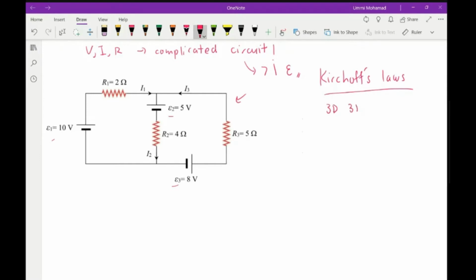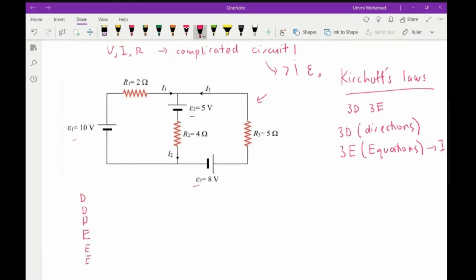Hopefully you still remember. 3D means you have to draw 3 directions, and 3E means you have to get at the end 3 equations that we are going to solve to find either current, voltage or resistance. It depends on the requirement of the question.